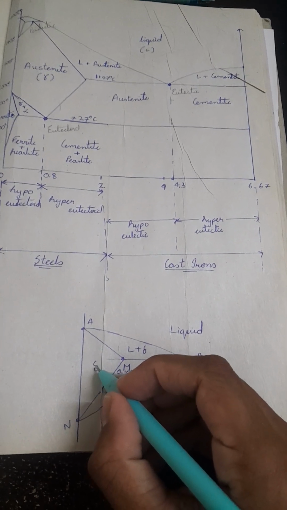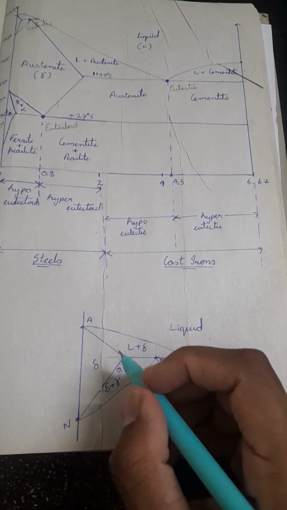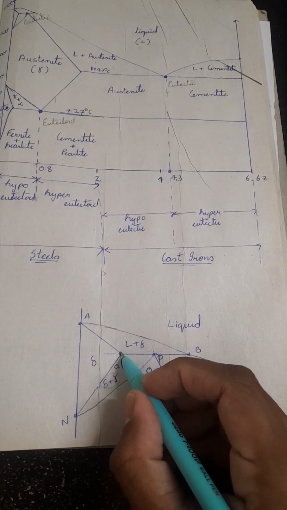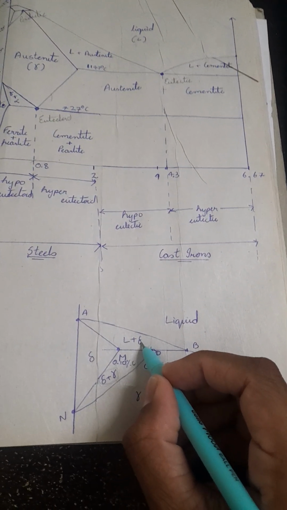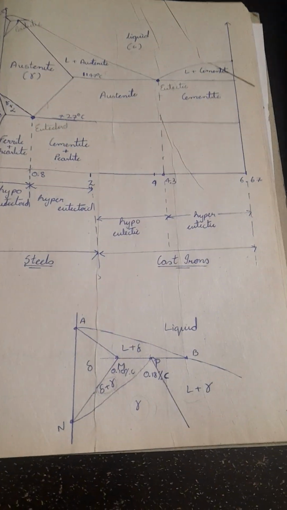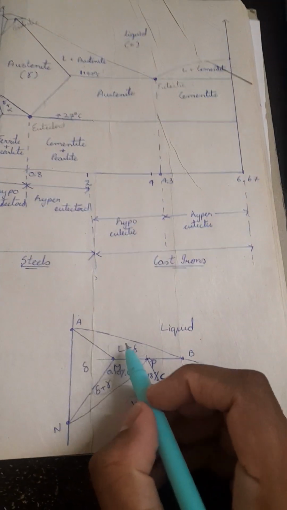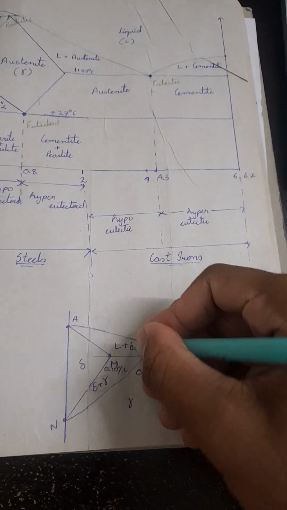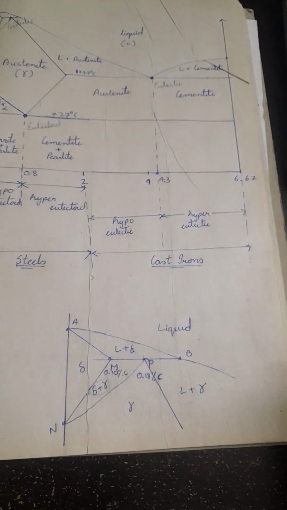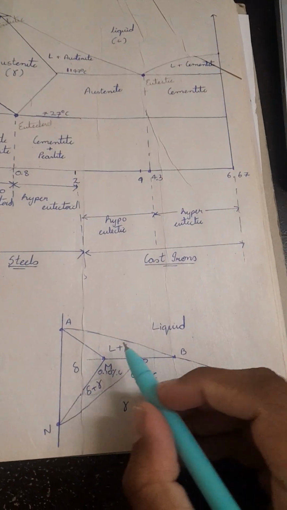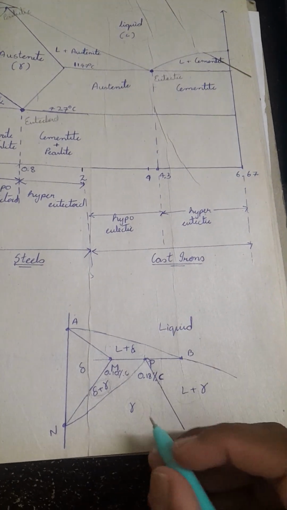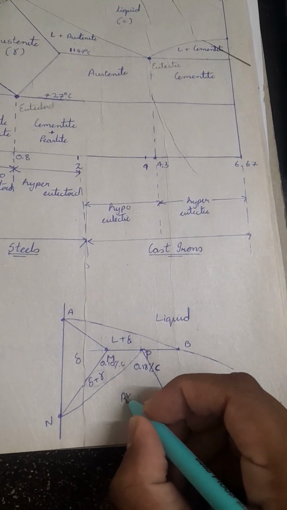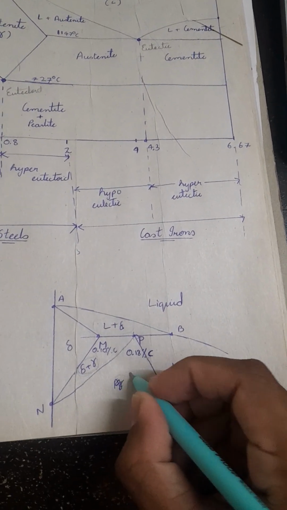Delta iron exists in purely solid form up to 0.10% carbon, and here you have a mixture of liquid and the delta iron. As I told you, a peritectic reaction occurs when a liquid and a solid give you a new version of a solid. So here a liquid and a solid give you a new version, which is nothing but austenite, which I've also represented using gamma.